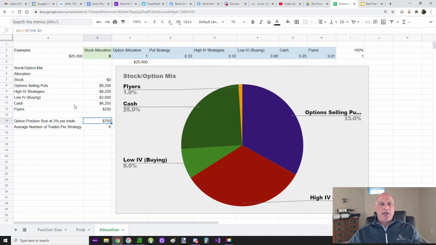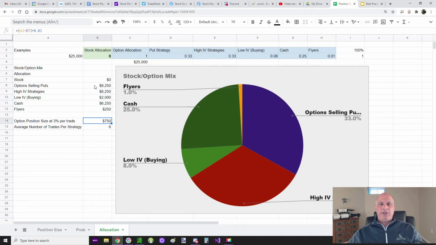But again, because we're allocating that 3% towards selling puts in high IV, if you are using that 70% or one standard deviation move, and if you're selling puts at that 84% chance of being out of the money, then you're doing good in that area.